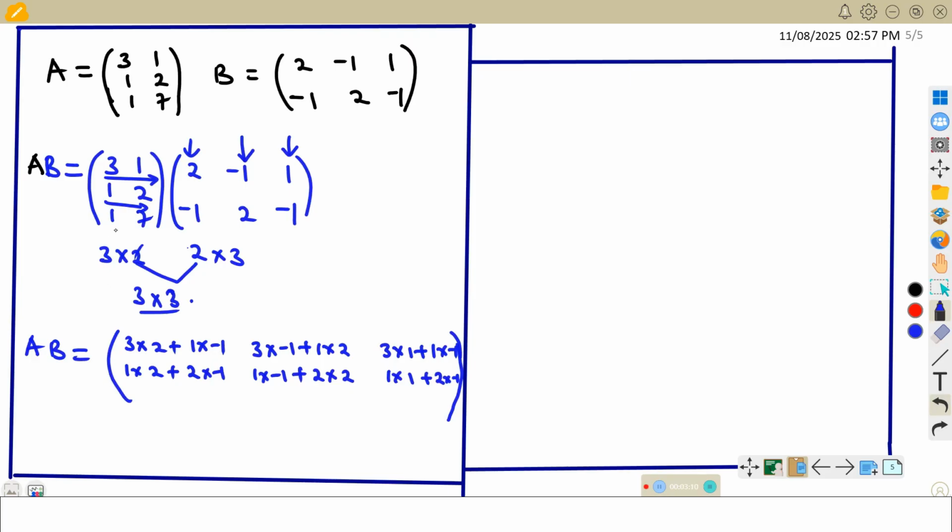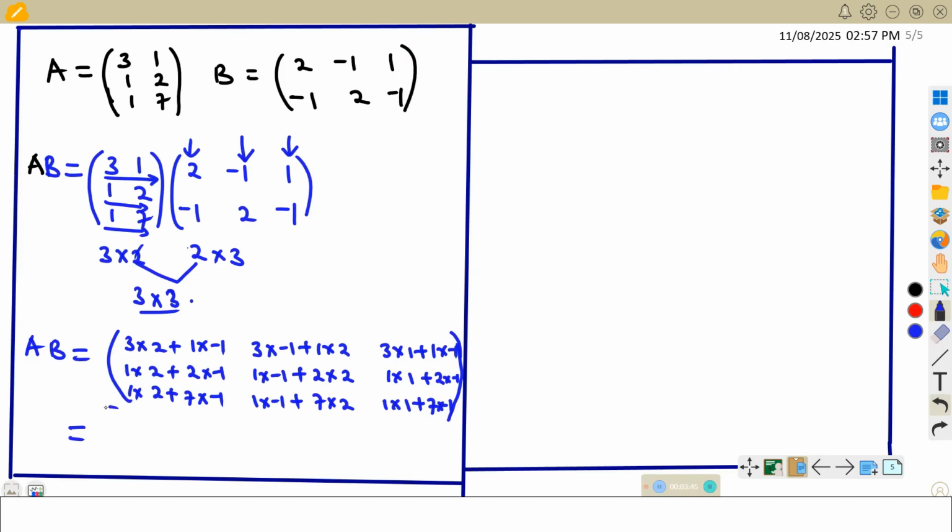And lastly, we shall have this row into this column, that is 1 times 2 plus 7 times negative 1. This into this column, 1 times negative 1 plus 7 times 2. Next we shall have 1 in this row into this column, 1 times 1 plus 7 times negative 1.